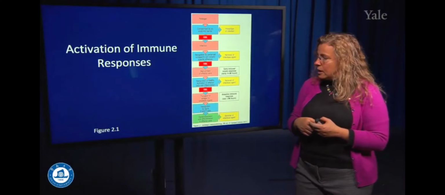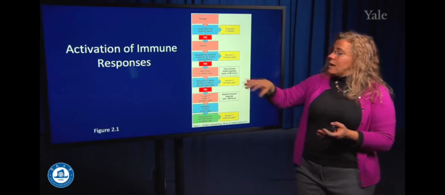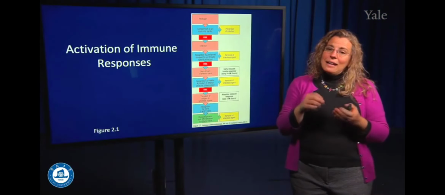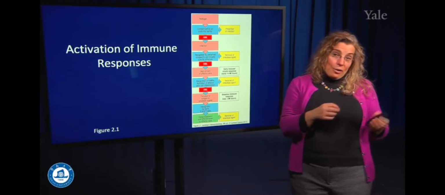Now, if they can't eliminate that pathogen on their own, then they have to recruit effector cells. Initially, those might be effector cells of the innate immune system. So they're a little bit more specialized in how they can work, but they're not pathogen specific yet. They're still part of that early, quick and dirty response.